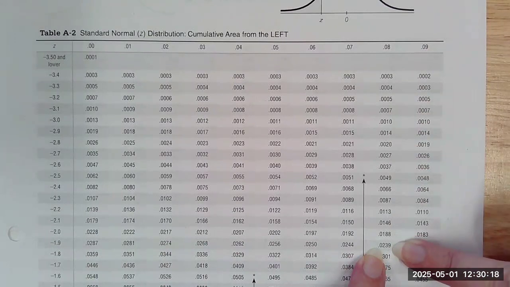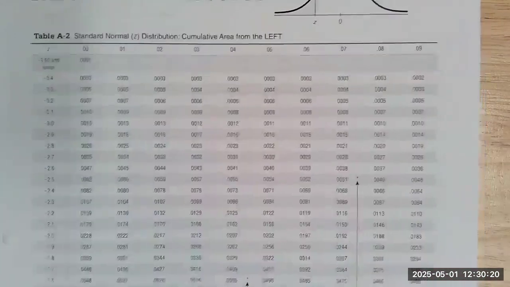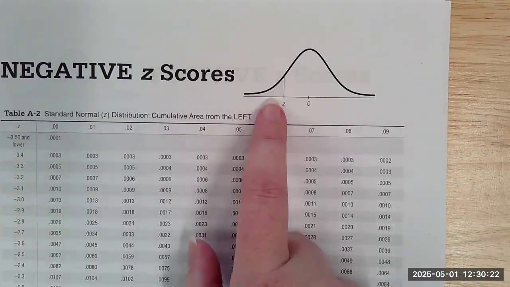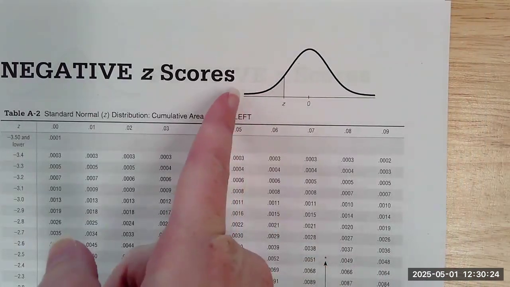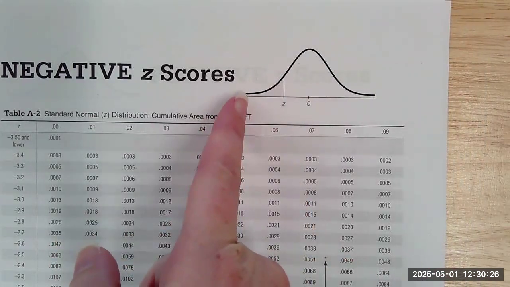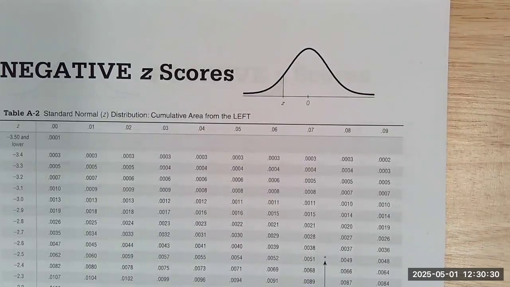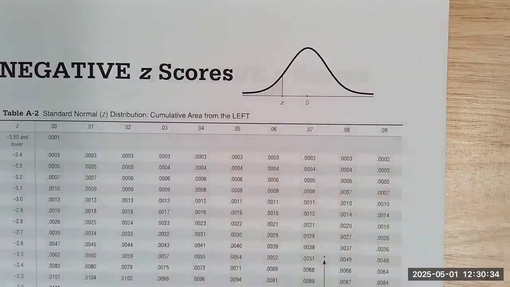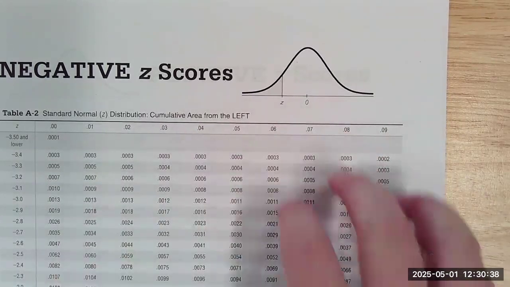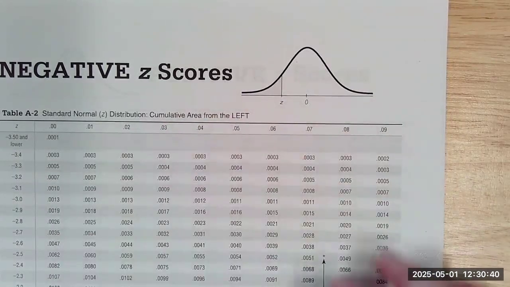What that's giving us is areas under the curve. So that's why the picture at the top that she's giving you is shaded in starting over on the left-hand side up to the Z line. And it always starts over on the left-hand side and fills from that direction. All these things in the middle of the table are areas or probabilities or percentiles.